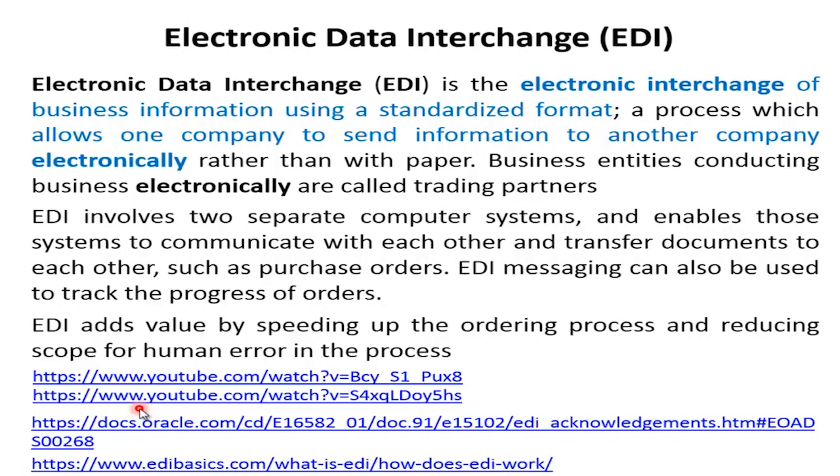What is EDI? Electronic data interchange. Data interchange electronically is the electronic interchange of business information using a standardized format, a process which allows one company to send information to another company electronically.